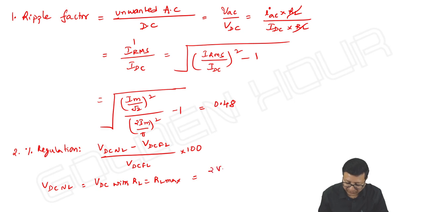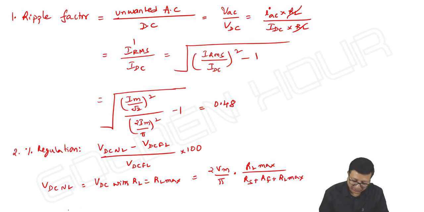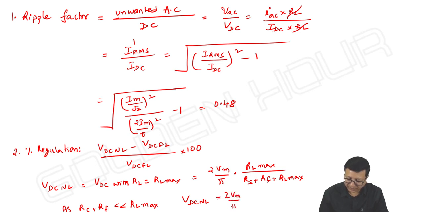So what is it? It is 2Vm by pi into RL maximum by RS plus RF plus RL maximum. But here, as RS plus RF is very much less compared to RL maximum, I can write VDC no load is equal to 2Vm by pi into RL max by RL max. It is 2Vm by pi.